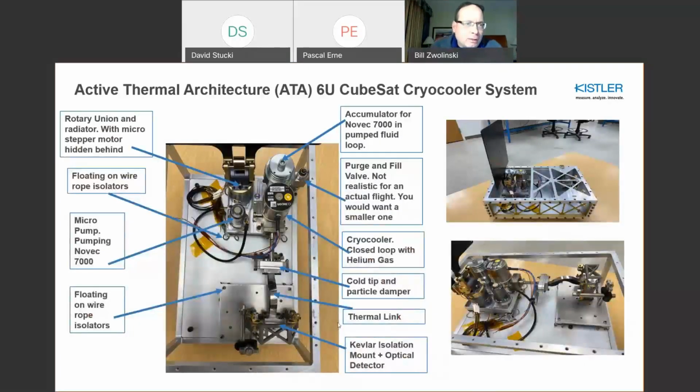This is just a bit of a blow up. I won't go through each piece, but it shows how the entire assembly fits into the 6U bus of the CubeSat system, and it gives you a perspective of the size and magnitude of this development.